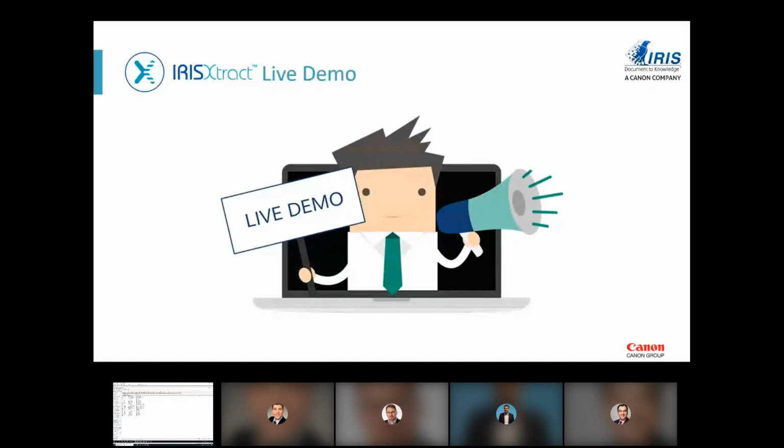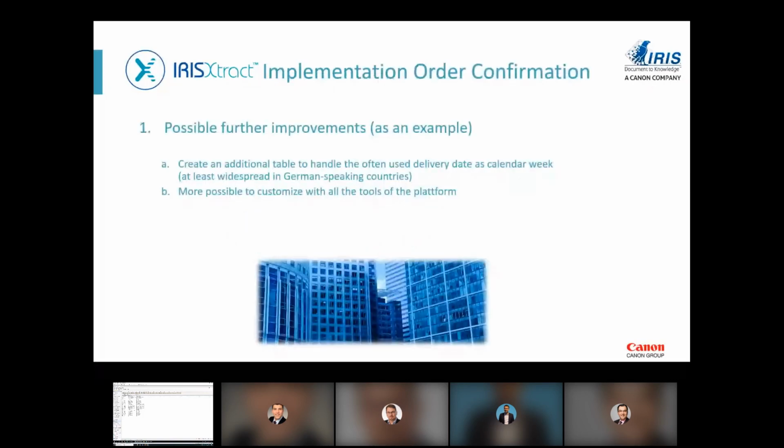I have here on the next slide an example of what could be done if you would like to improve this example further. As an example, you could create a solution for the demand that a delivery date is sometimes, at least in the German-speaking countries, not a proper date, but just stated as a calendar week using a short form.